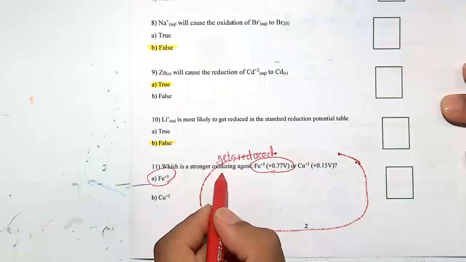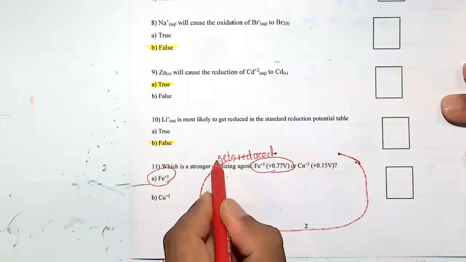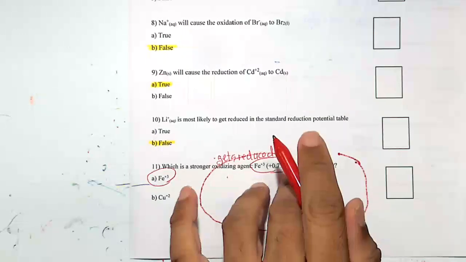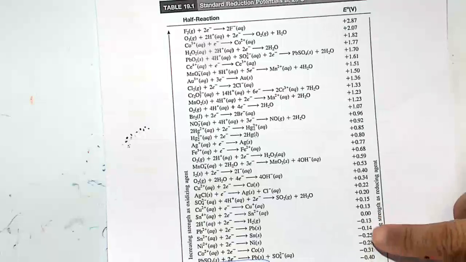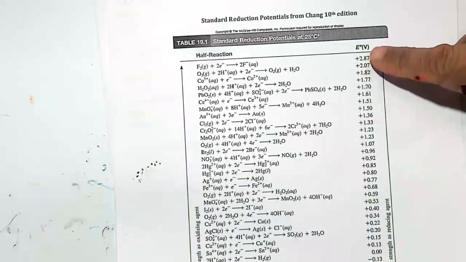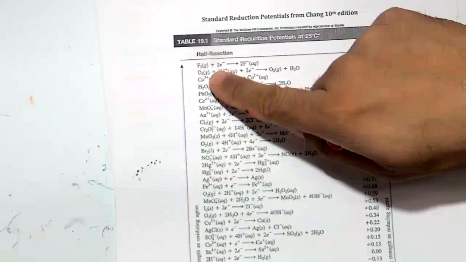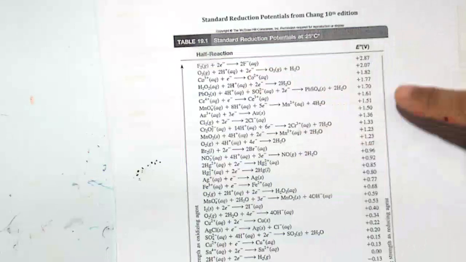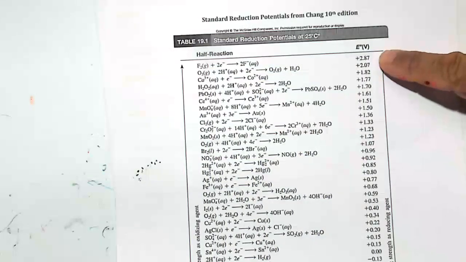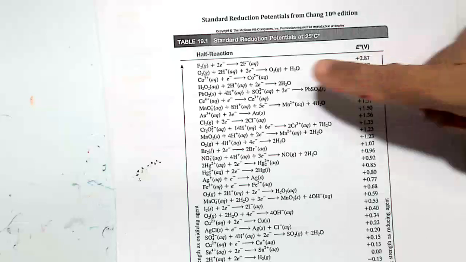All right, which is a stronger oxidizing agent? The oxidizing agent gets reduced. And looking at our table here, the more reduced you get, the more positive you become. So F2 plus 2 electrons goes to 2F minus is the most positive at 2.87 volts, and that's the best oxidizing agent.